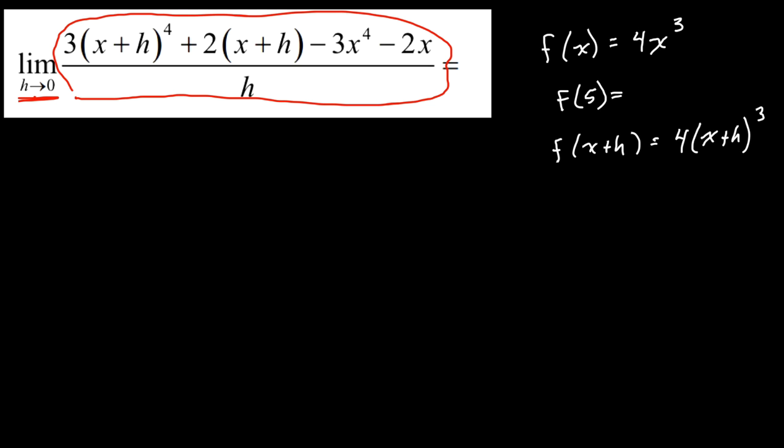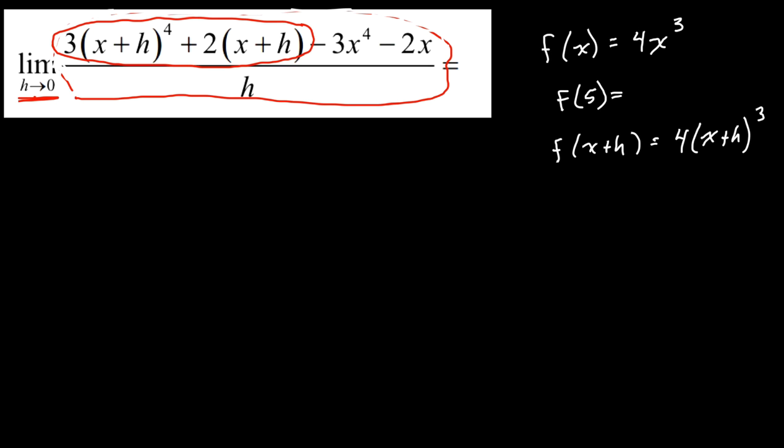That's the idea here. So remember that this up here represented f of x plus h minus f of x in the numerator. This part right here is our f of x plus h.